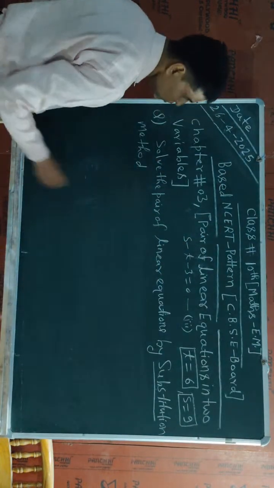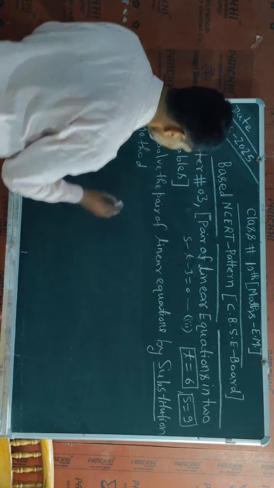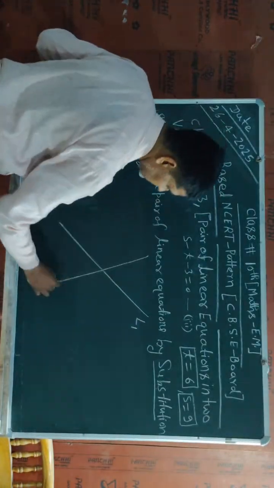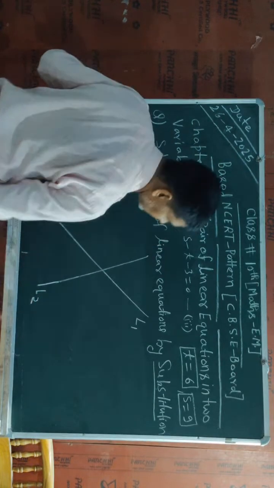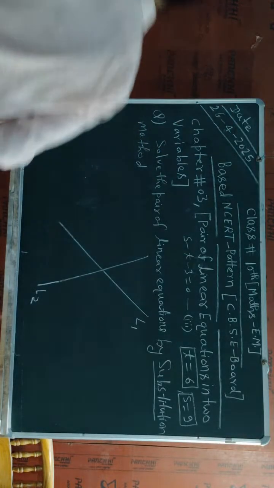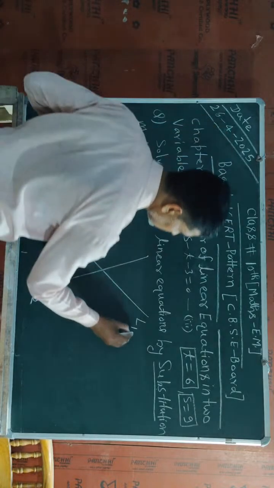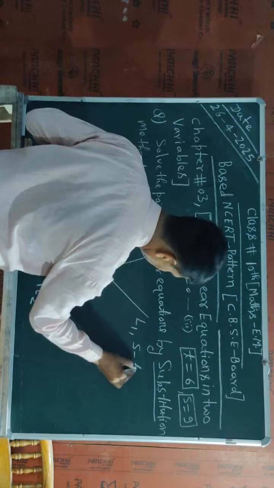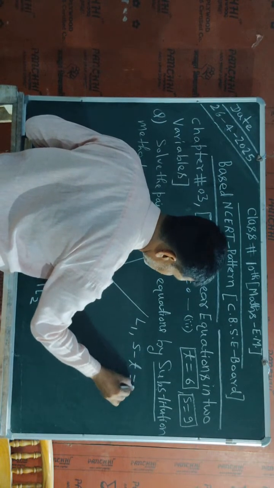Okay, student. So here both lines are given. One line is like this. I am saying this is line number 1, and the other line is this, and that line is L2. Already I have written its name. One line has the equation s minus t equals 3.